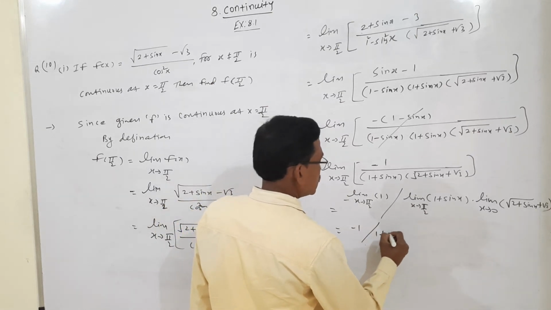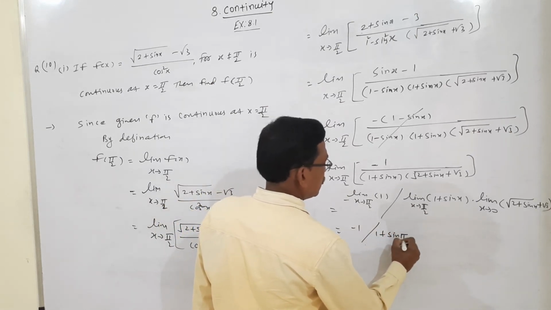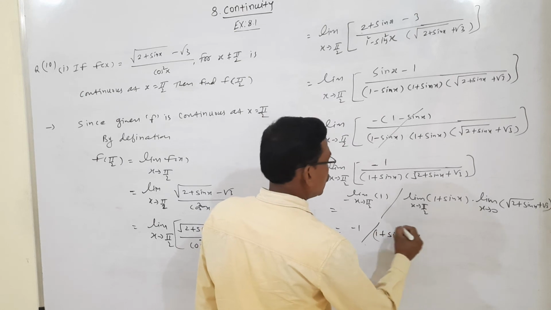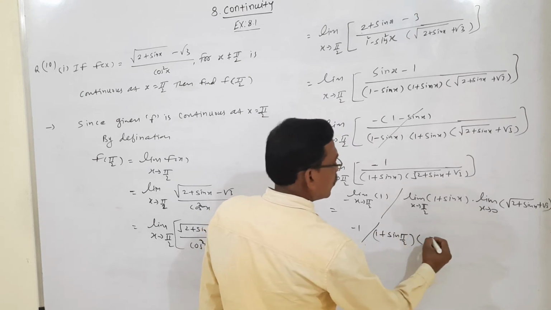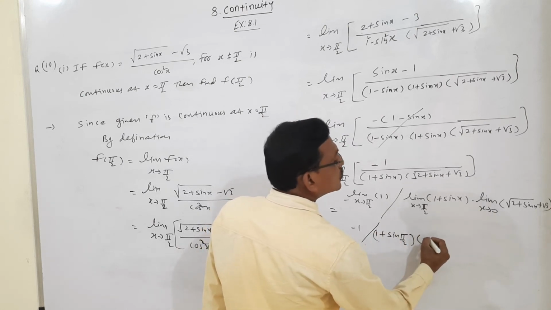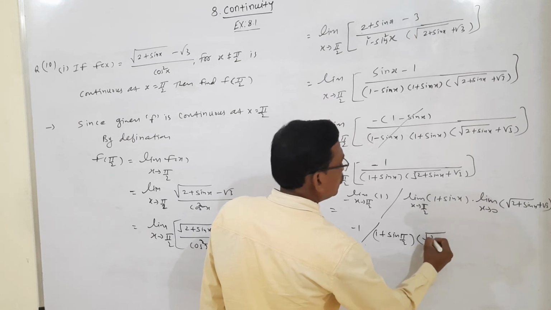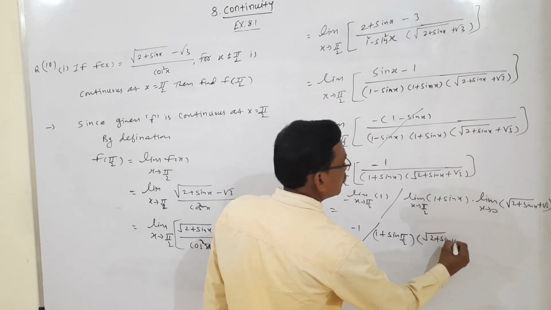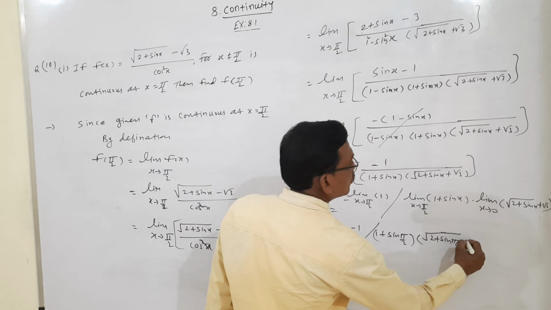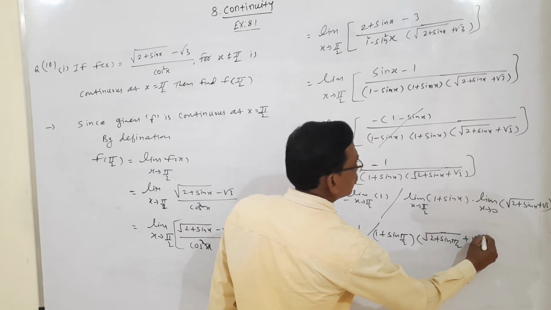It is 1 plus sin pi by 2 into under root 2 plus sin pi by 2 plus root 3.